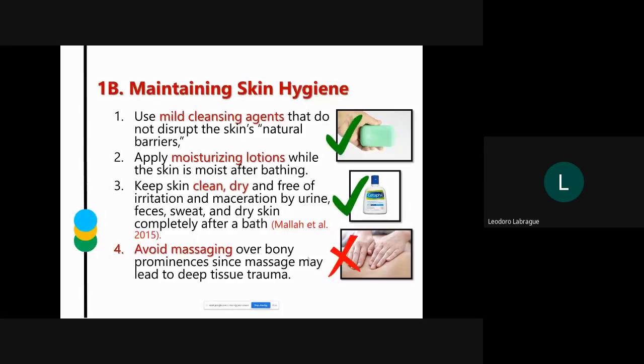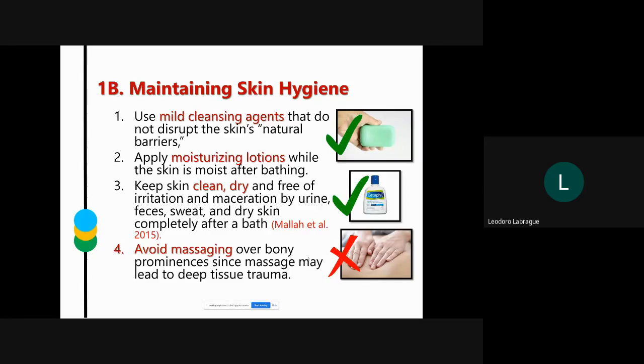And most importantly, this is what you need to remember. If you have noticed that the patient has pressure ulcer, even if it is just first stage, there is redness already on the site, avoid doing massage.